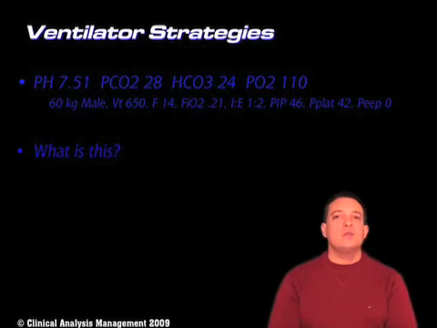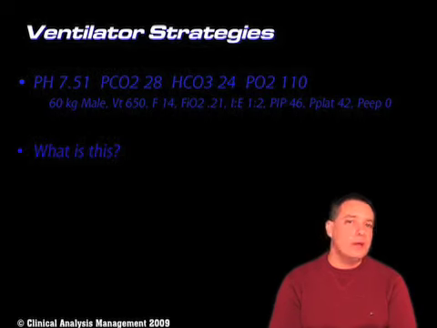Okay, so we said that this was a respiratory alkalosis. We said this was an uncompensated respiratory alkalosis. So what do we do about respiratory alkalosis? Well, remember that whenever we're talking about CO2, we said CO2 was the product of minute ventilation. And we said that respiratory alkalosis was quite simply when we had too much minute ventilation, and thus we were blowing off excessive amounts of CO2.